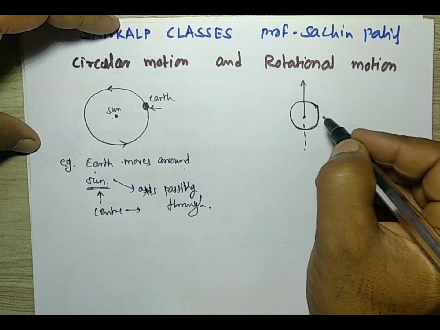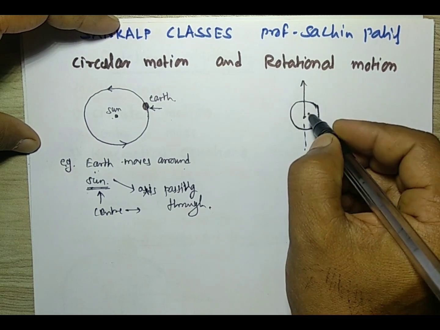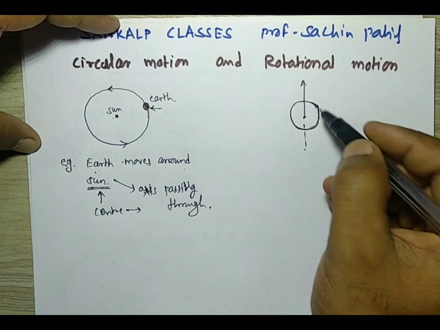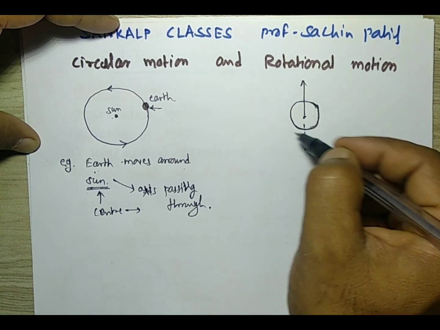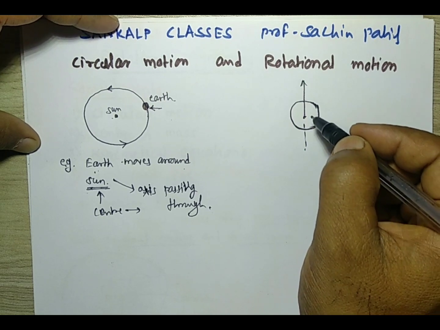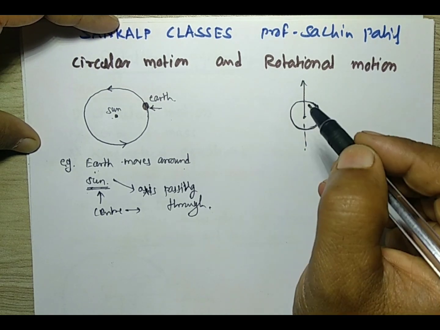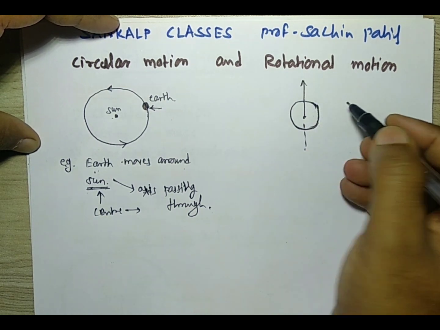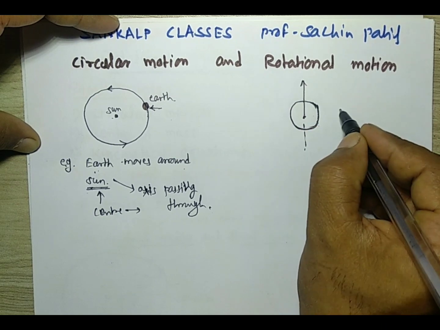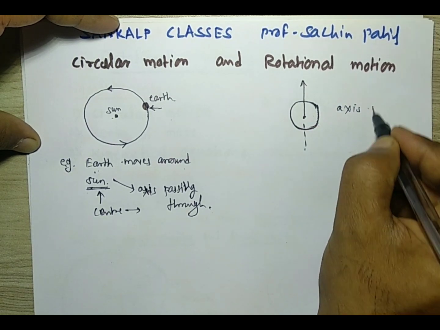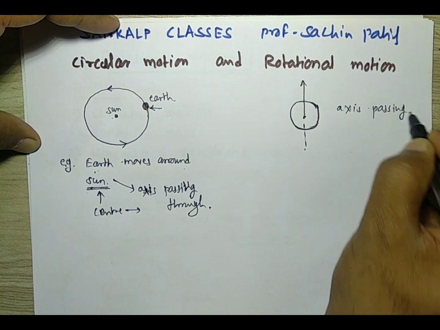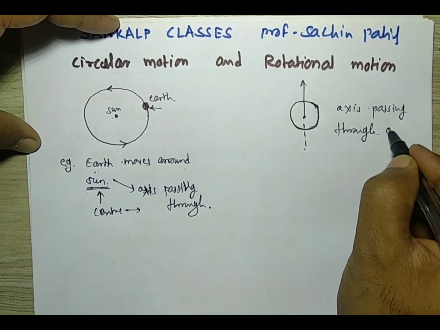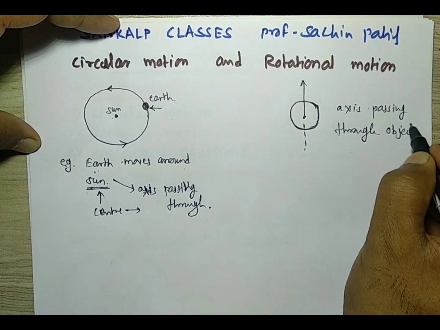At that time, the Sudarshan Chakra rotates around the axis, where the axis is nothing but the finger of Sri Krishna, and therefore it is a rotational motion of that particular disc or Sudarshan Chakra. At that time, this axis is passing through that object. That means in rotational motion, the axis passes through the object or body.